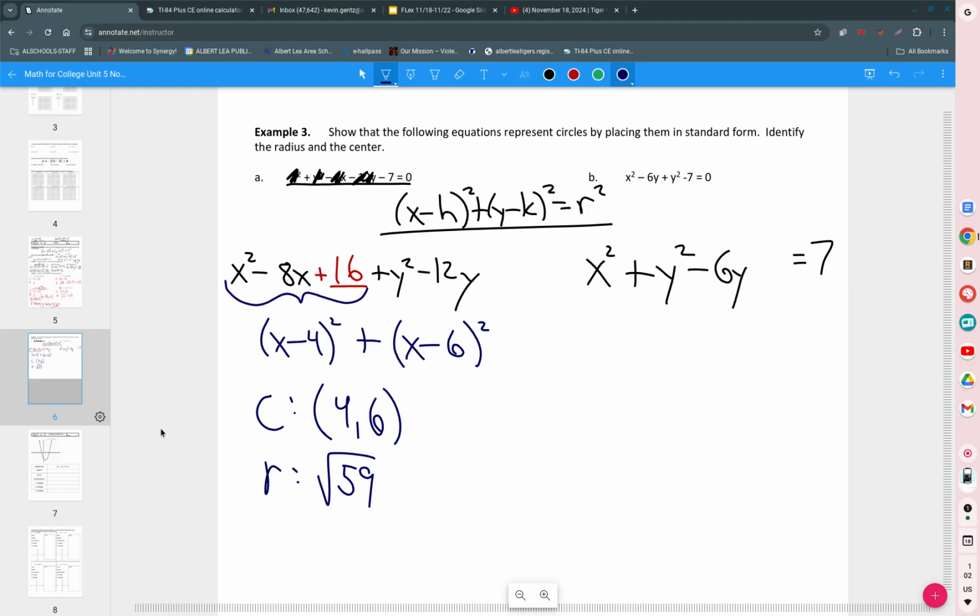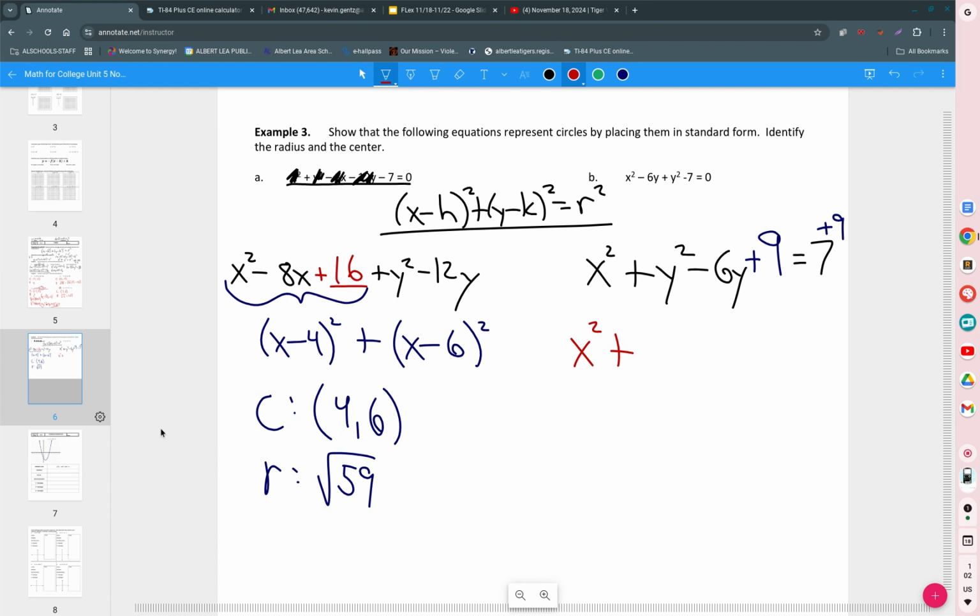What do we need to add to this to make it a perfect square? 9. 6 divided by 2 is 3. Squared is 9. If I add it to the left side, I must add it to the right side. So now we have just x squared.